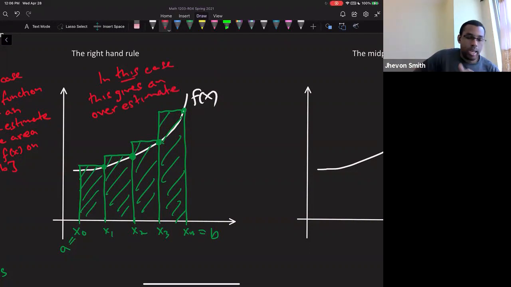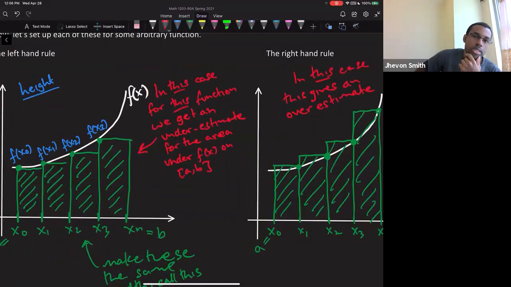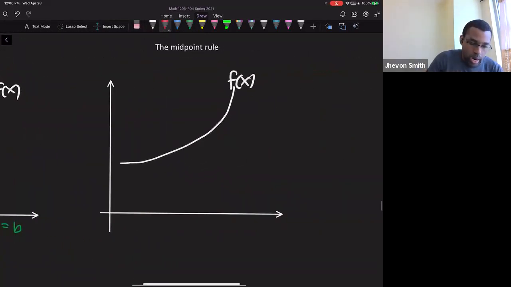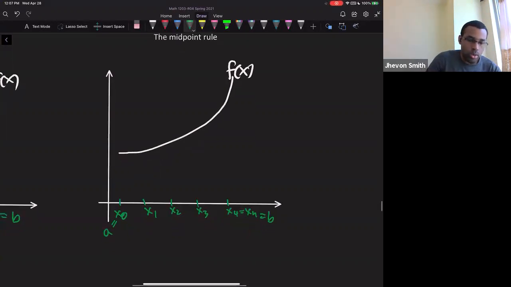So sometimes we don't want overestimates or underestimates, or we want to minimize the effects of having an overestimate or an underestimate. So what we can do is set up another rule where we use the midpoints. This is called the midpoint rule. And so what happens here, you can set up your x0, your x1, your x2, your x3, and your x4, which is your xn, which is your b. And instead of using the left or the right, you can use the midpoint.